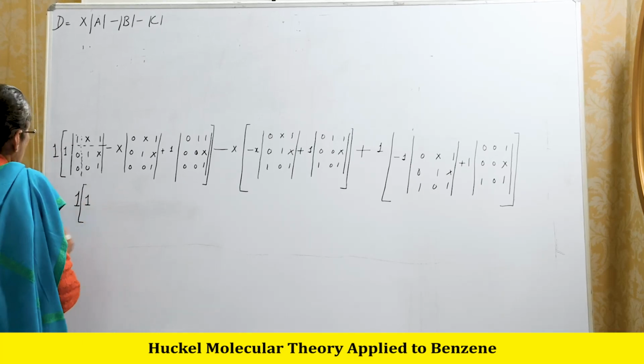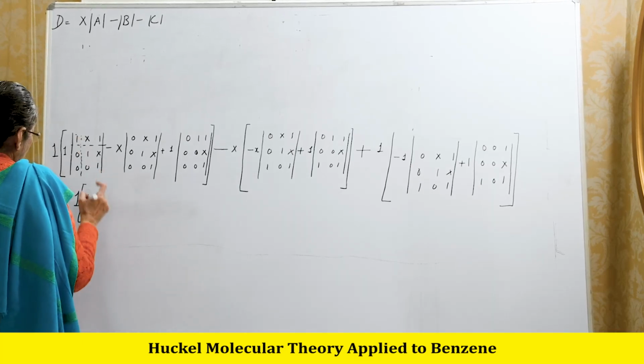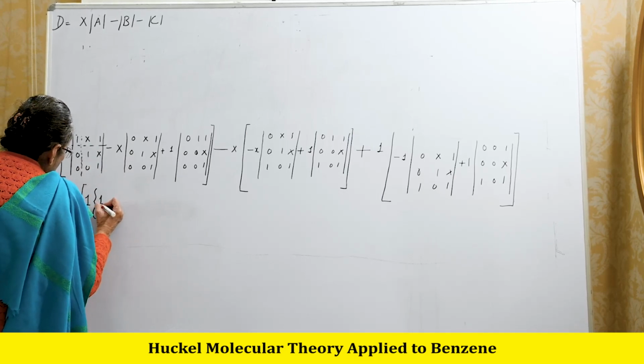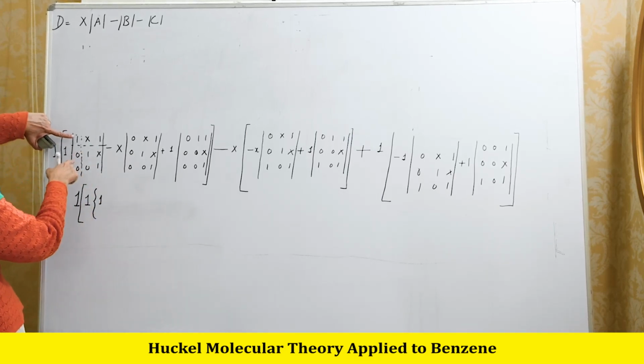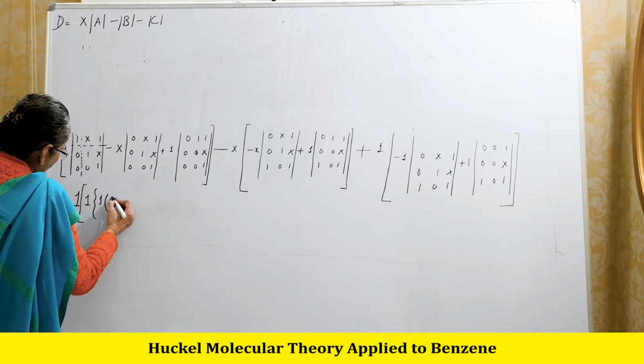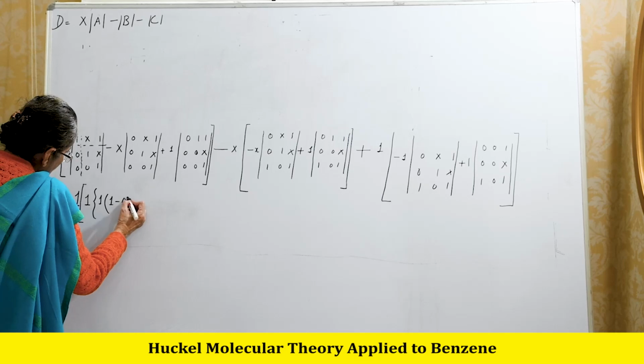1, this is the multiplicative factor. Then 1, 1, then 1 minus 0, 1 minus 0.